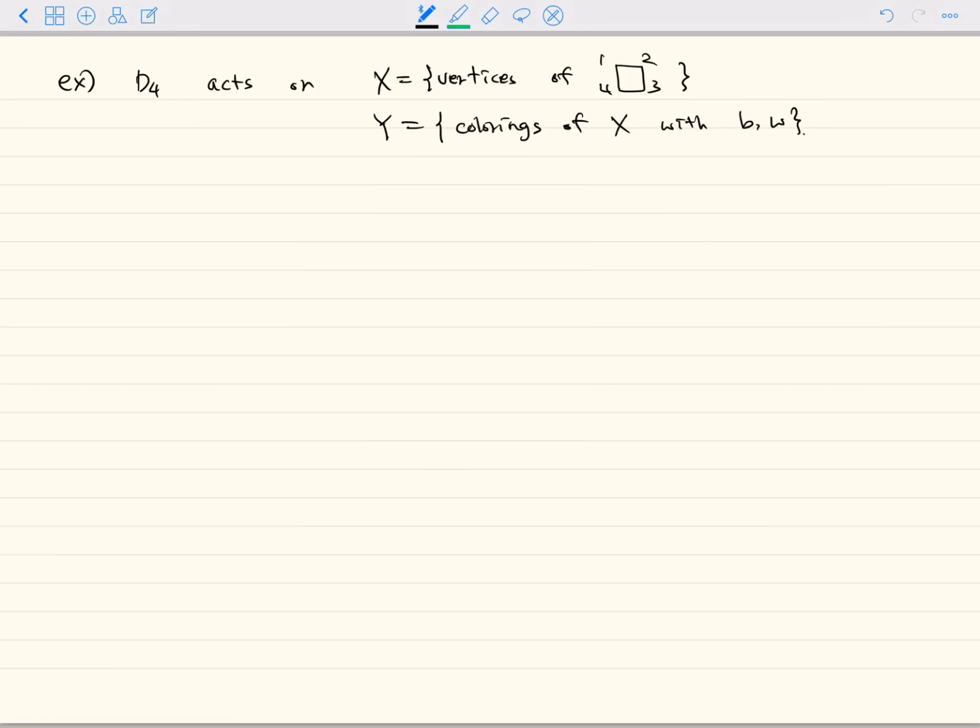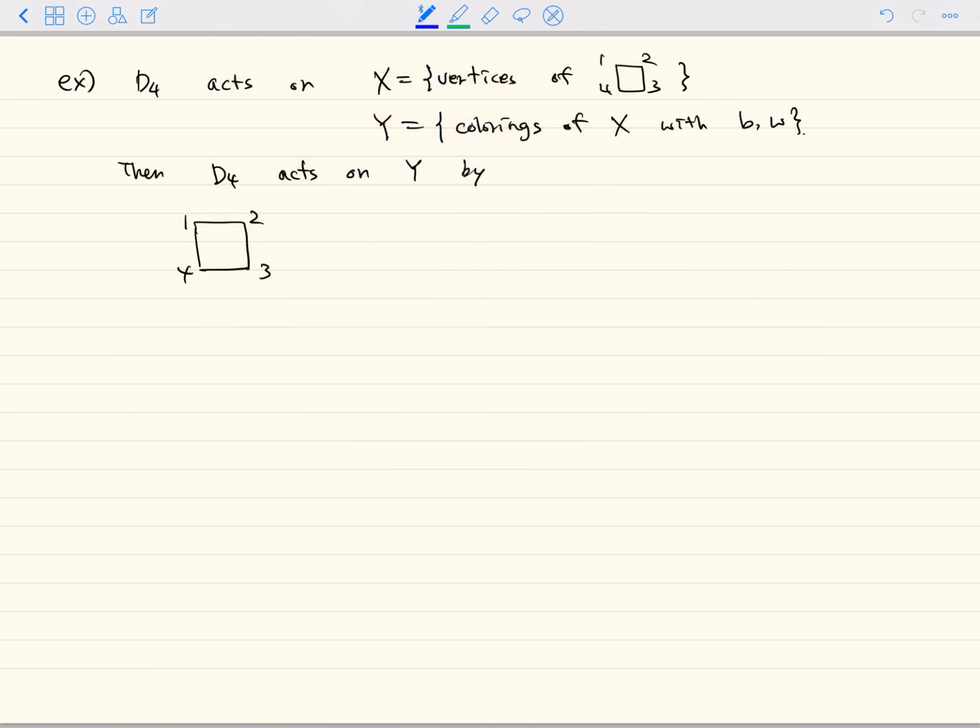Okay. Then D4 acts on Y by the following diagram. So 1, 2, 3, 4.